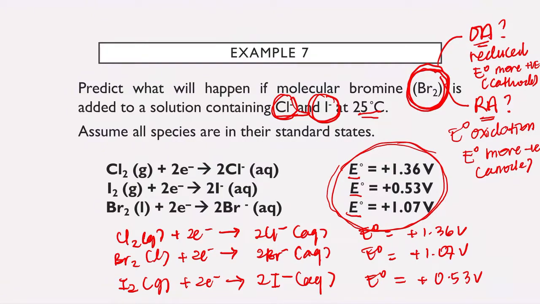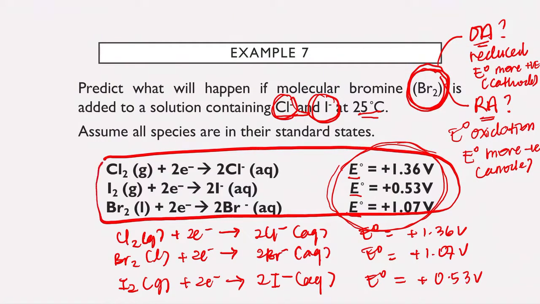So what I did was rearrange these half cell equations according to the value of their SRP, from more positive to more negative, going down.